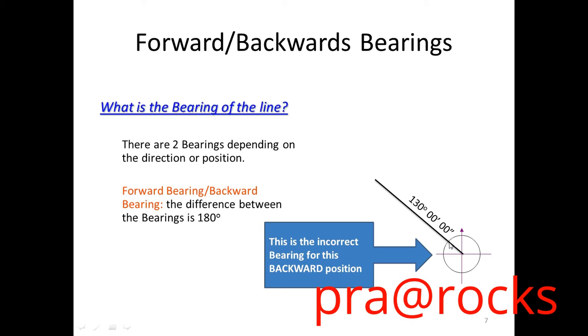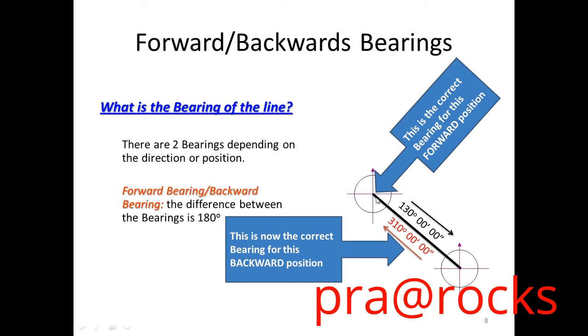Therefore, we have a backward bearing here. To go to the forward bearing, we have to add 180 degrees to 130 degrees, which brings me to 310. So the forward bearing of this line is 310 degrees.